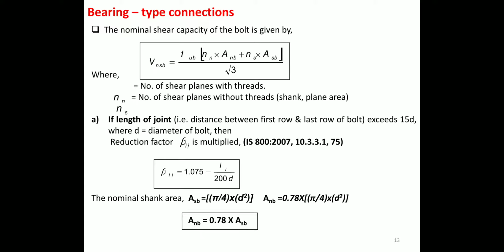Next is n_s. n_s is the number of shear planes without thread, that is the plain portion, known as the shank area or plain area.